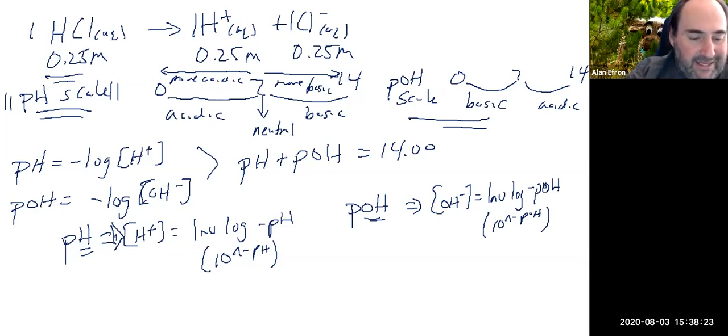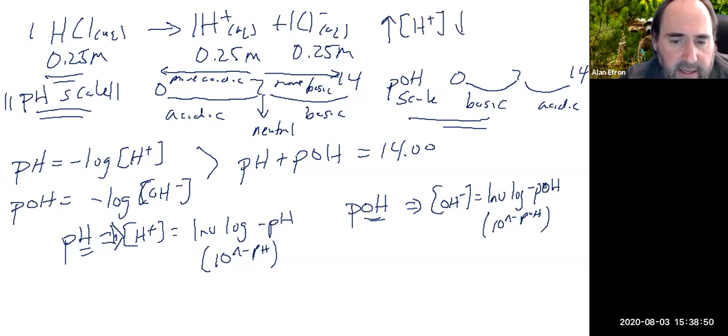So as we talked about, this gives you a variety of ways to solve some of these problems. You don't necessarily have to use H plus times OH minus equals Kw. You could use some of these to shortcut some of these calculations. The relationship in terms of H plus and pH is that as the concentration of H plus increases, the pH decreases, and vice versa.